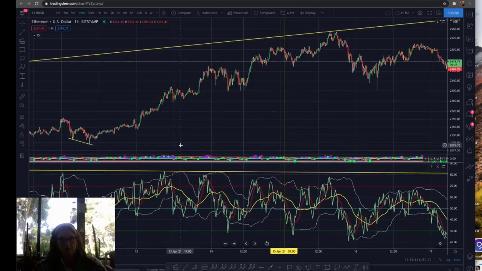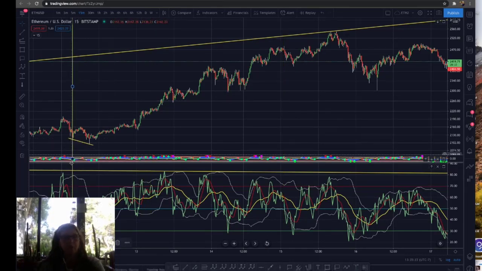Sorry about the dog barking, guys. Can't do anything about it at this moment. Okay, we entered here. This was our entry, not here. This was our entry. We enter on the divergence.